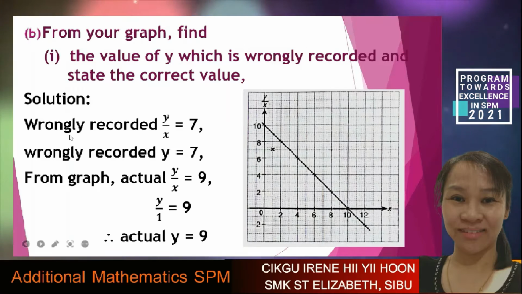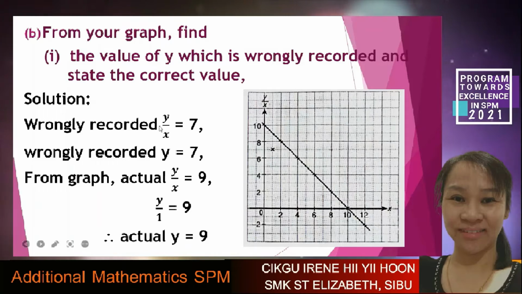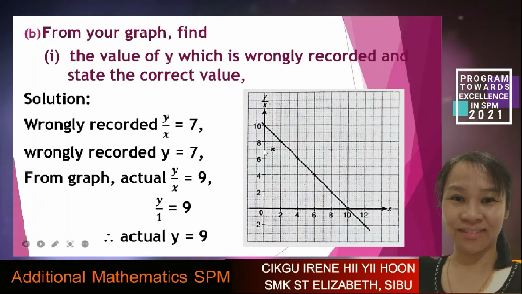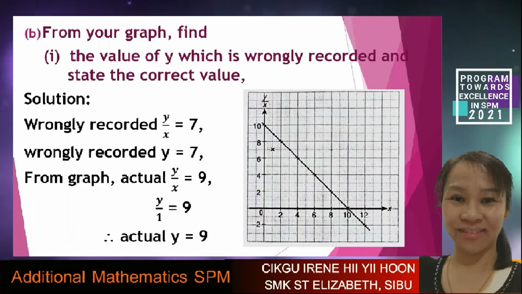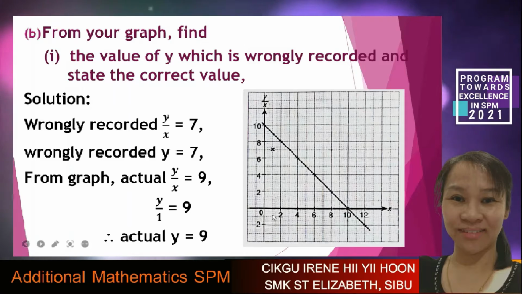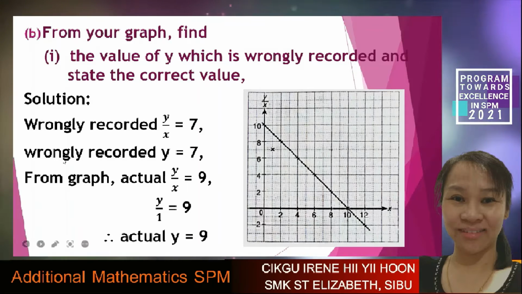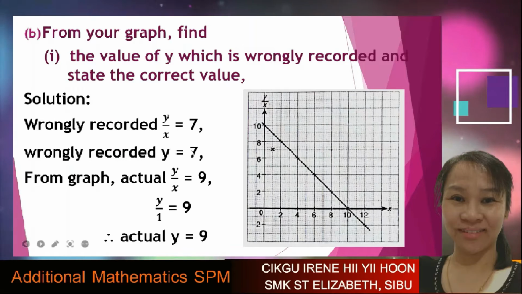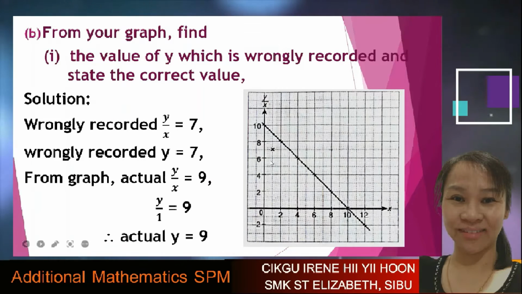From the graph, the wrongly recorded value of y over x is 7. So here is 7. And the corresponding value of x is 1. So we can see that the wrongly recorded y equals 7.